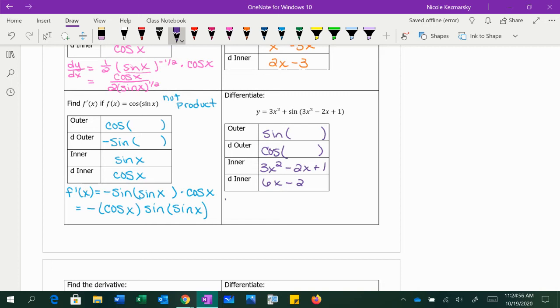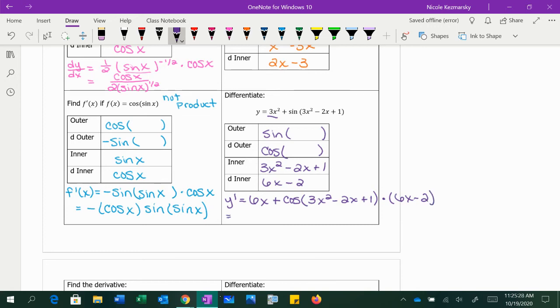So when we take the derivative, and we'll go ahead and use y prime this time, because we can, we're going to take the derivative of the 3x squared first and get 6x. Then we're going to have plus, and then we're going to do our chain rule. So we're going to say cosine of 3x squared minus 2x plus 1 times, and then in parentheses, because it comes as a quantity, 6x minus 2.